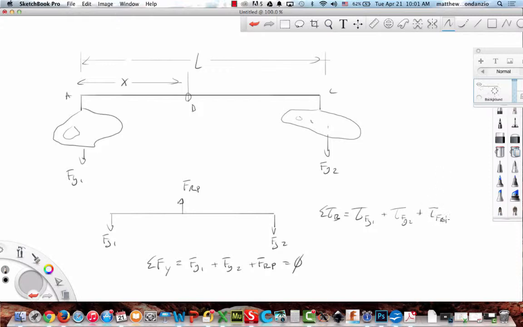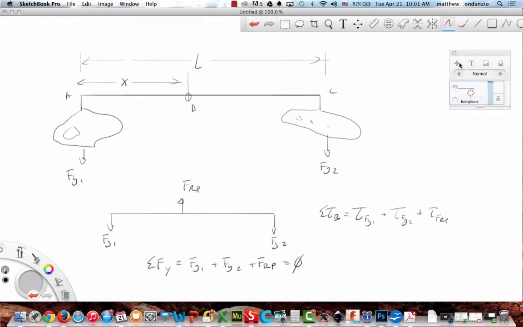Guys, this is going to be in the final, so you need to know this. It's not just for the project. If the system is balanced, what is that sum of the torques going to equal? 0, right? Now, let's break it down. Torque of Fg1 is equal to what?